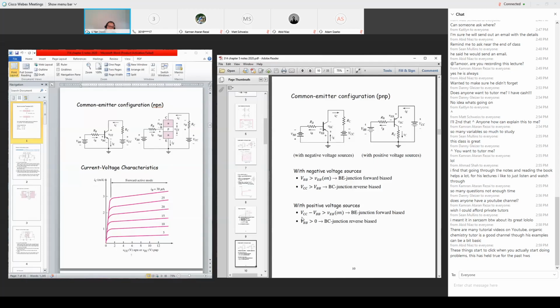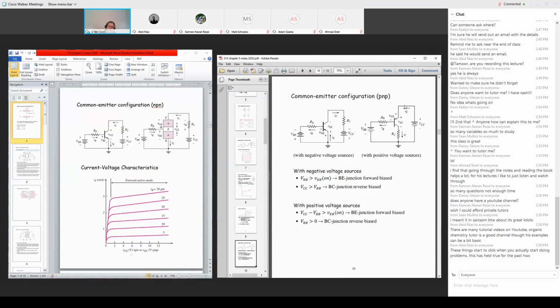My statement says that VCC minus VBB must be greater than the PN junction voltage VEB on. Why? Graphically, you can see this on the right, VCC comes from the ground to the top emitter. VBB is from the ground to the base.